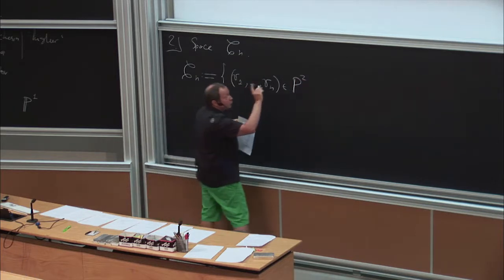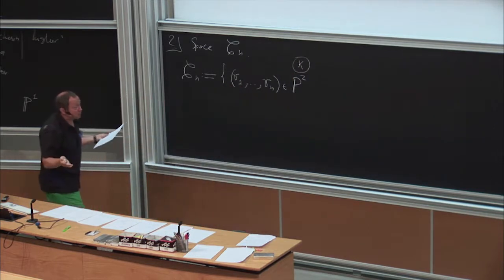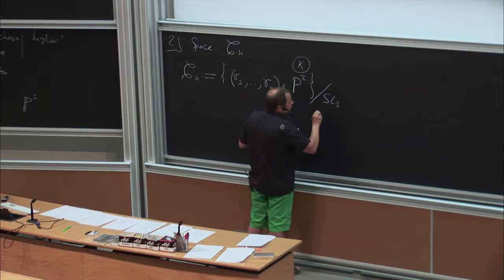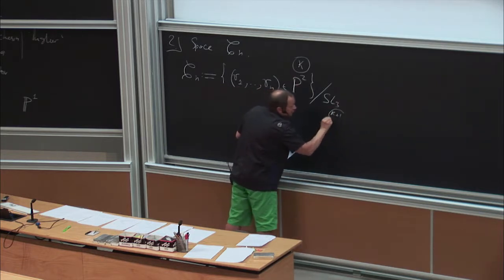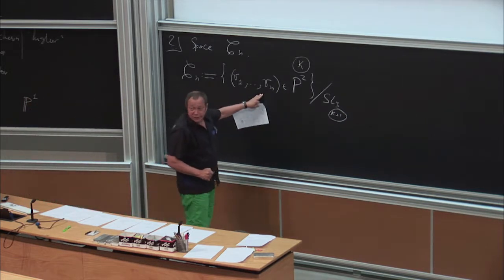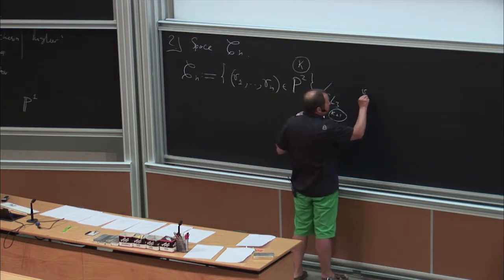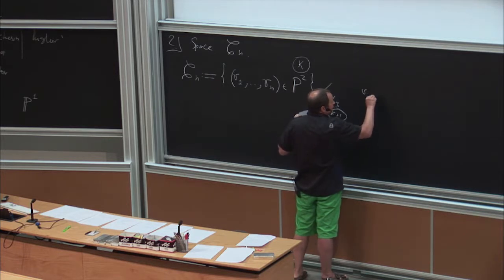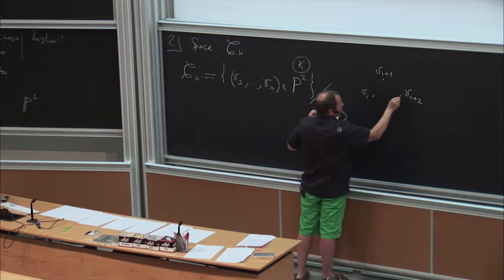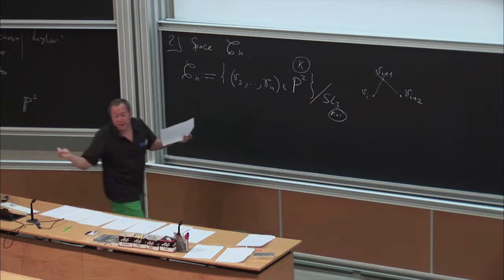Actually, of course, in many considerations, we can replace the projective plane by a projective space, and we take the quotient by SL3, or SL(k+1) more generally. The only restriction is that it's not just an arbitrary n-tuple of points, but we don't want three consecutive points to belong to the same line. They should not be on the same line. Otherwise, we don't know what a diagonal is.